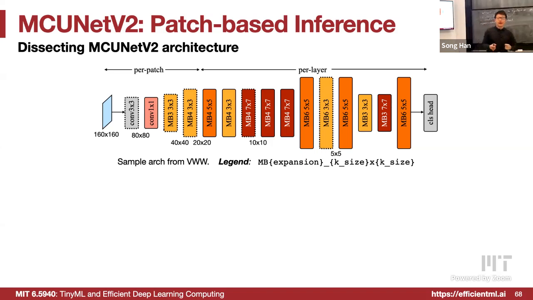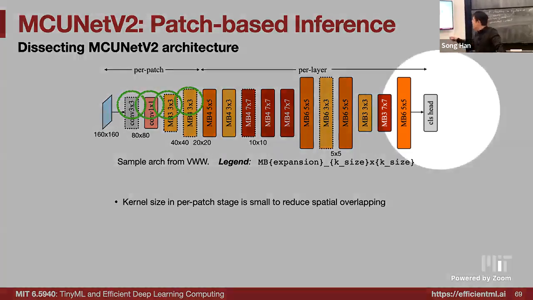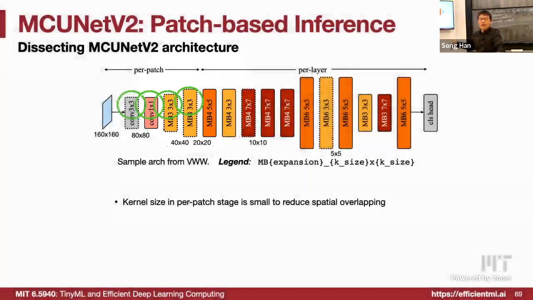All right, welcome back. So let's continue to discuss, let's dissect the MCUNet v2 architecture to understand some of the design principles and see this kind of automated design actually has lots of insights. For example, the kernel size in the per patch stage, which is this early stage where the resolution is pretty big, the activation is pretty large, so we have to use per patch based inference to fit it in the memory.